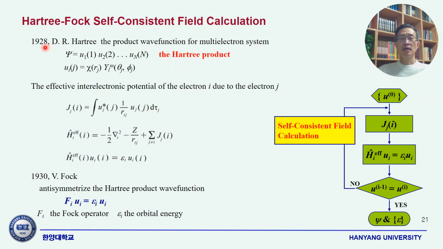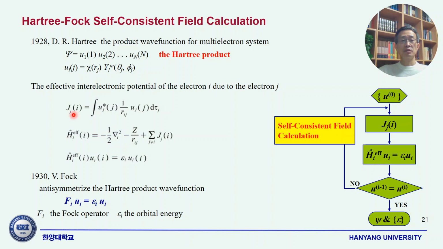Formally, it was done first by Hartree in 1928. Hartree made the multi-electron wave function as an orbital product, so we call it, honoring him, the Hartree product. Each orbital has a radial part and an angular part, just normal. It could be a Slater determinant or any expansion over basis functions. Then we do the same calculation as for helium.